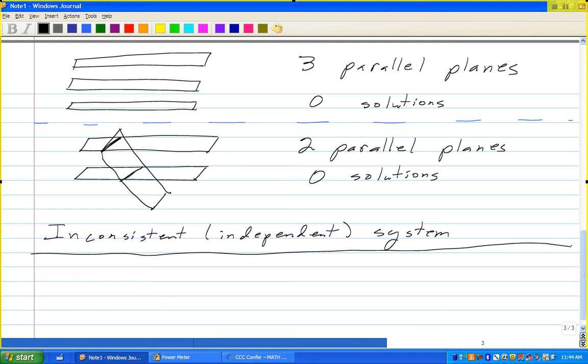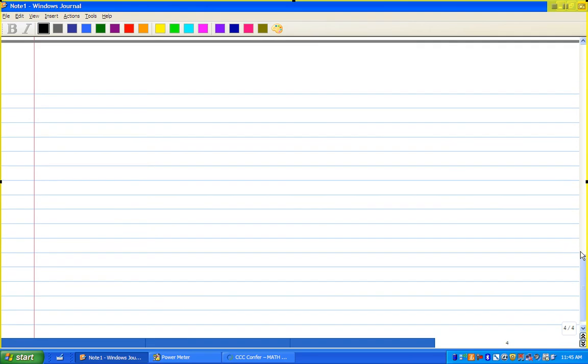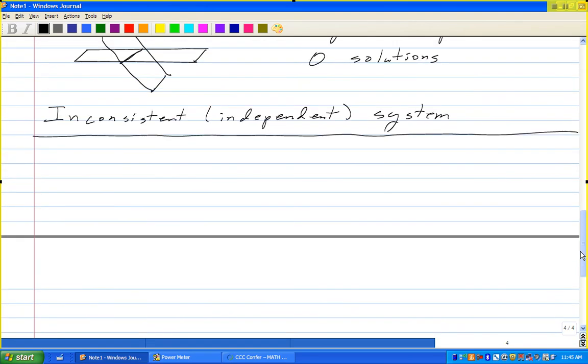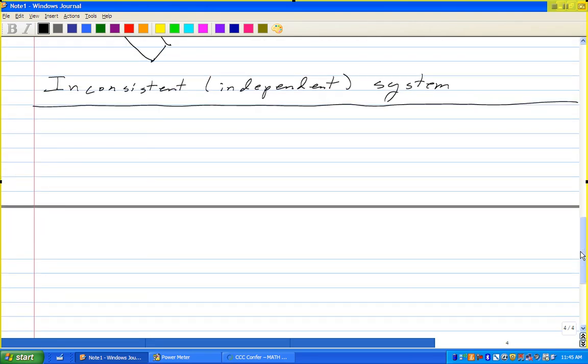So lastly, let's look at the case where there's an infinite number of solutions.